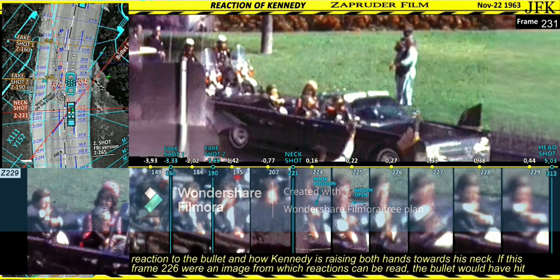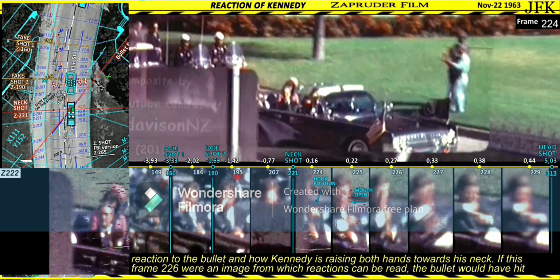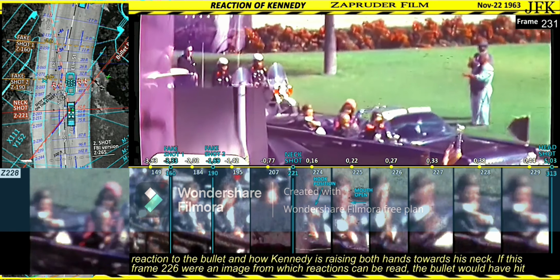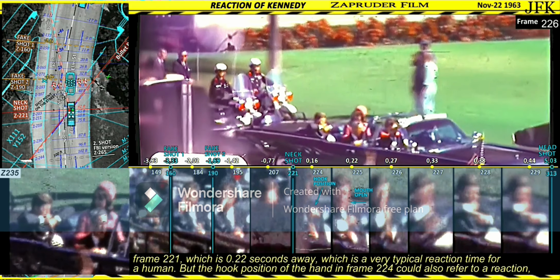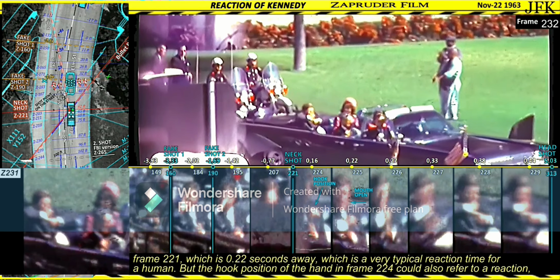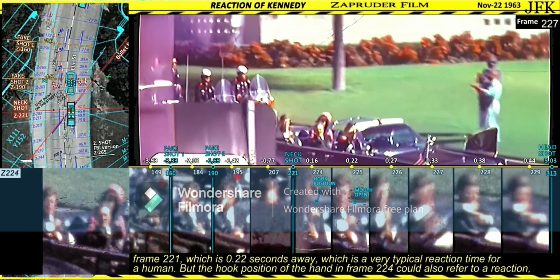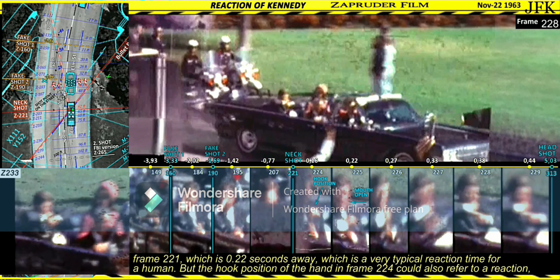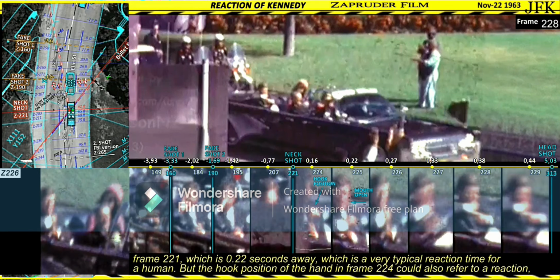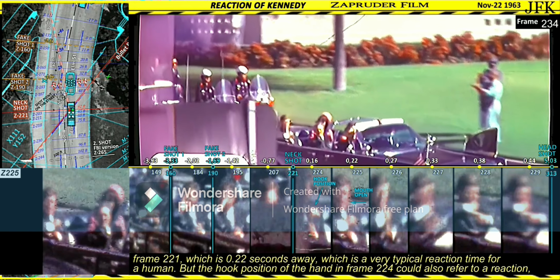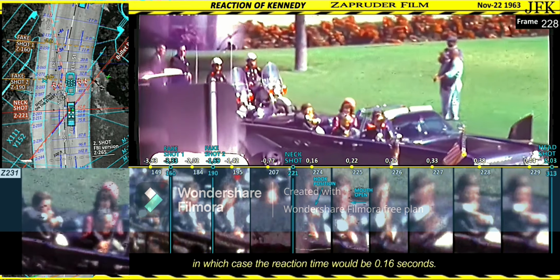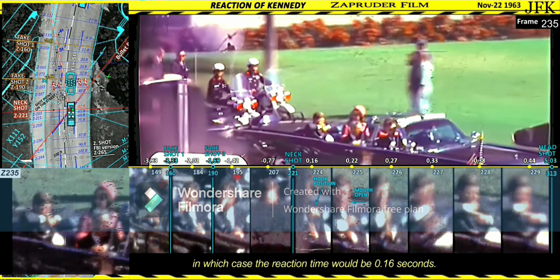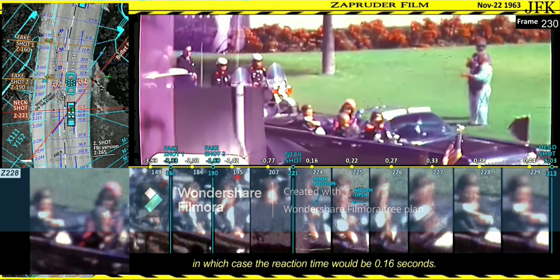If frame 226 were an image from which reactions can be read, the bullet would have hit at frame 221, which is 0.22 seconds away, a very typical reaction time for a human. But the hook position of the hand in frame 224 could also refer to a reaction, in which case the reaction time would be 0.16 seconds.